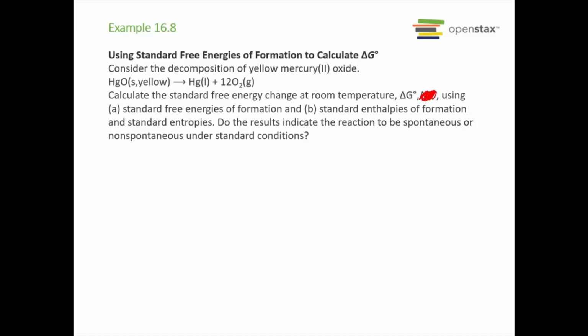So we need to go to the appendix to get some values, and we need to look them up for mercury(II) oxide, liquid mercury, and oxygen gas. So we need to look up delta G standard formation, delta H standard formation, and entropy standard. Delta G is given in kilojoules per mole. Enthalpy is given in kilojoules per mole.